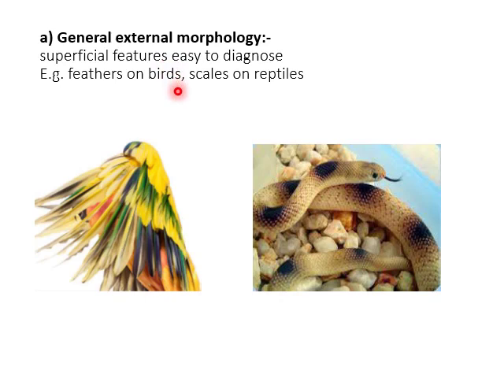Here you can see the superficial feathers that make it very easy to distinguish birds from other animals, and on the other hand, reptiles have scales on their body, and we can easily identify reptiles from other animals.